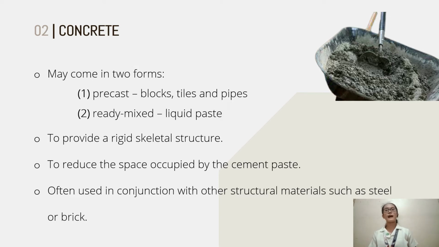This will result in a higher cost, but in general terms, the greater the quantity of cement, the stronger the concrete will be. So there should be a balance between the strength requirements of the end use and the price that the customer will be willing to pay.